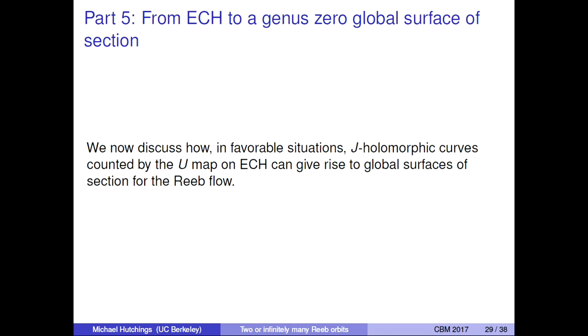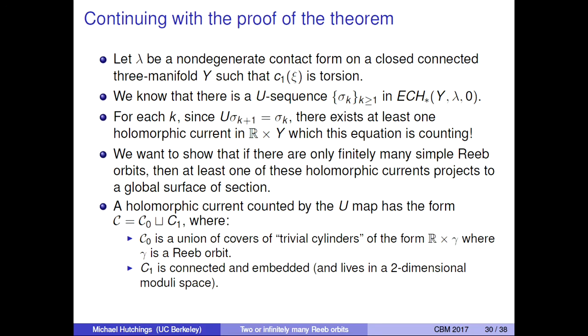Okay, so now, with all that machinery, how can we start looking for a global surface of section? So here's what we're doing, continuing to try to prove my main theorem on two or infinitely many Reeb orbits.